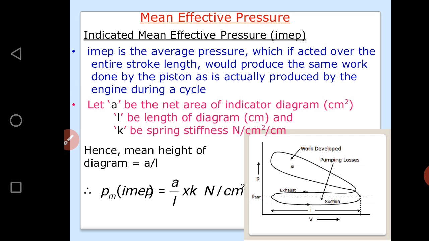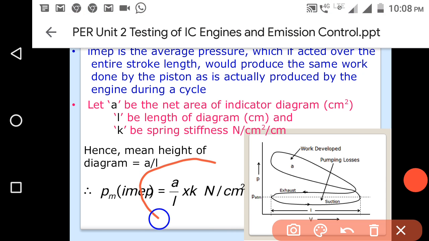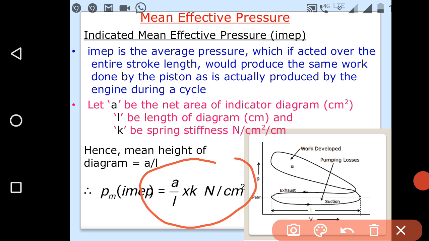Here, if A is the net area of the indicator diagram, L is the length of the diagram, and K is the spring stiffness used in the engine indicator or mechanical indicator, then we can find the indicated mean effective pressure. That will be the area divided by length, multiplied by the spring constant or spring stiffness. This formula is useful for calculating the indicated power.